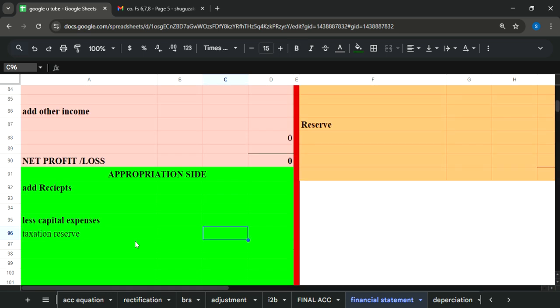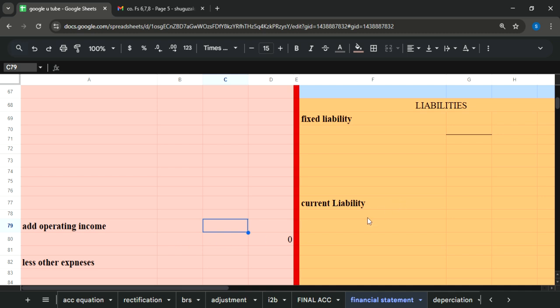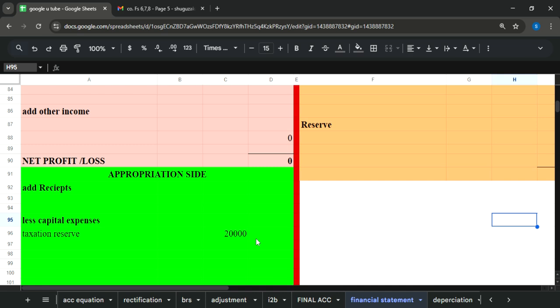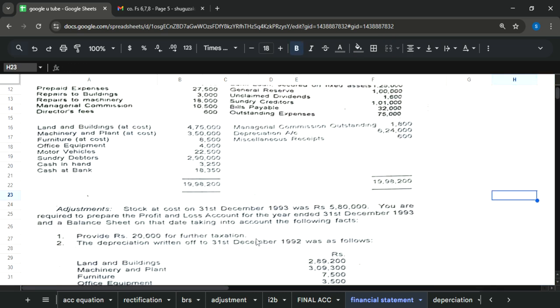So first we will mention this 20,000 on the appropriation side, then we will go to the current liability side, and here we will also mention taxation reserve as the second effect, the amount of which was 20,000. So as you have seen, one on the right side, one on the left side, two adjustments are completed, and we were talking about the second adjustment.